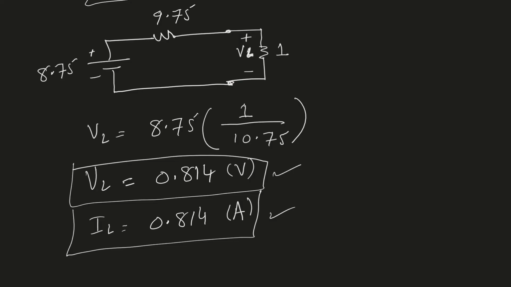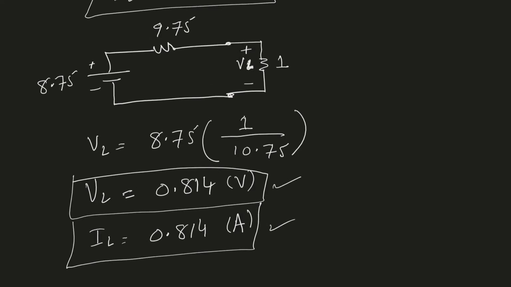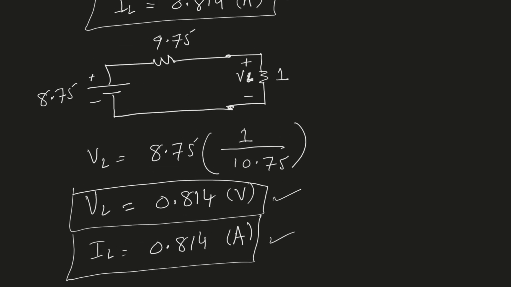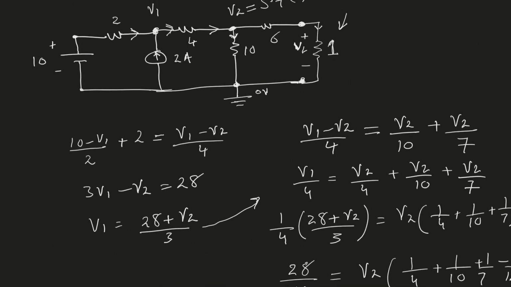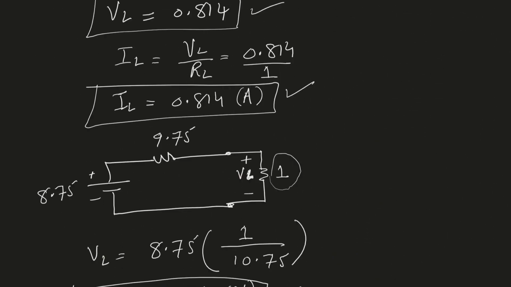So therefore, the two circuits are equivalent. And now you can recognize the strength of this method: we can replace any load resistance, and we can find the load voltage and the current very quickly, very easily, and without doing all these extra calculations. So that's the advantage of Thevenin's theorem.